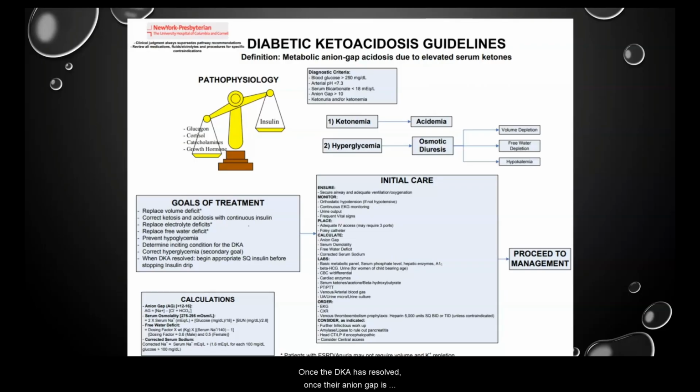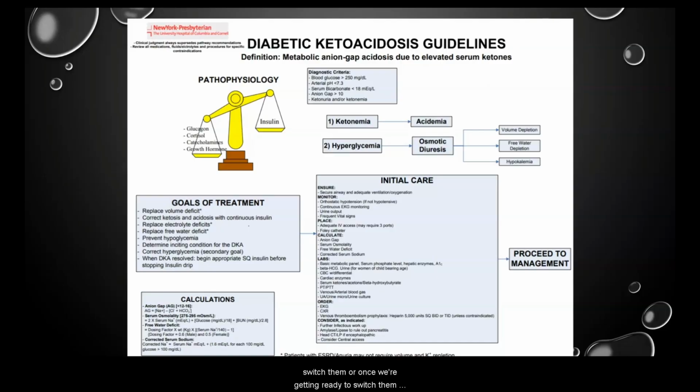Once the DKA has resolved, so once their anion gap is closed, we need to begin sub-Q insulin prior to stopping that insulin drip. One of the most critical points in switching them from the IV insulin to the sub-Q is that we can end up with hypoglycemia.